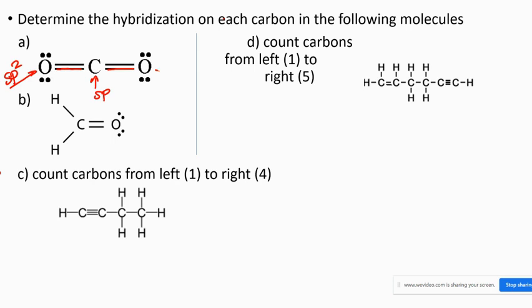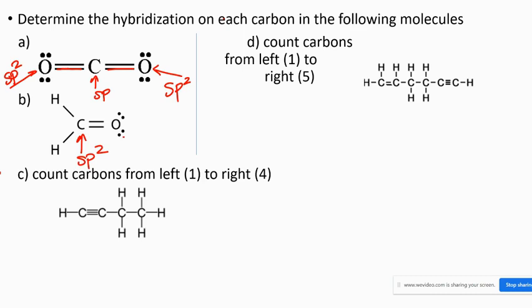And then this oxygen, what is its hybridization? sp2. Okay? Hydrogen doesn't hybridize. Why? It doesn't have any p orbitals. It can't. Okay? Carbon. This carbon right here. What is its hybridization? What about this oxygen? sp2. Okay?